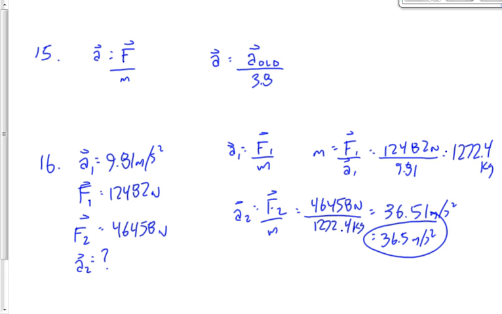How would you figure out the number of G's, though? Right. So let's use the unrounded number there, 36.51 divided by 9.81. What is that going to give me? About almost 4? 3.72, and it would be 3 digits there, 3.72 G's.